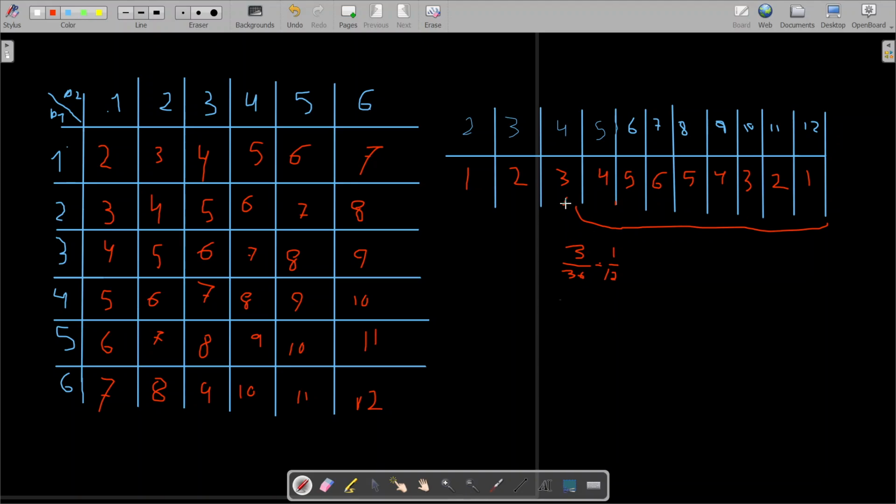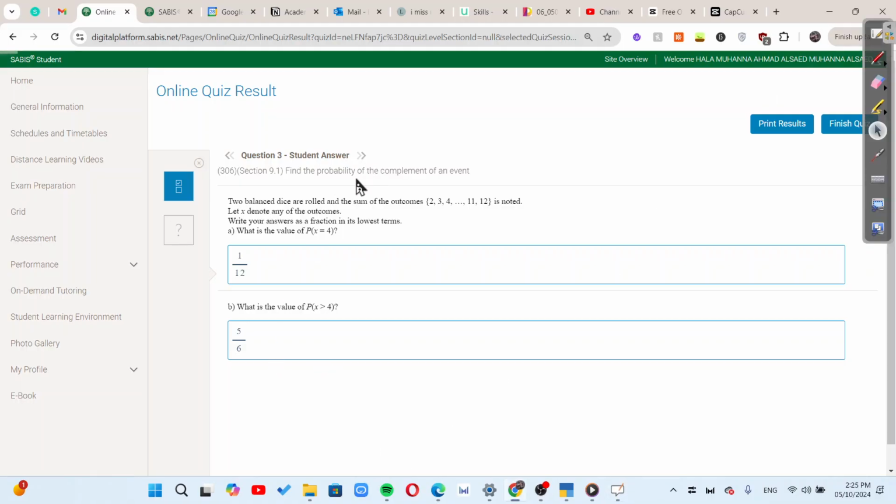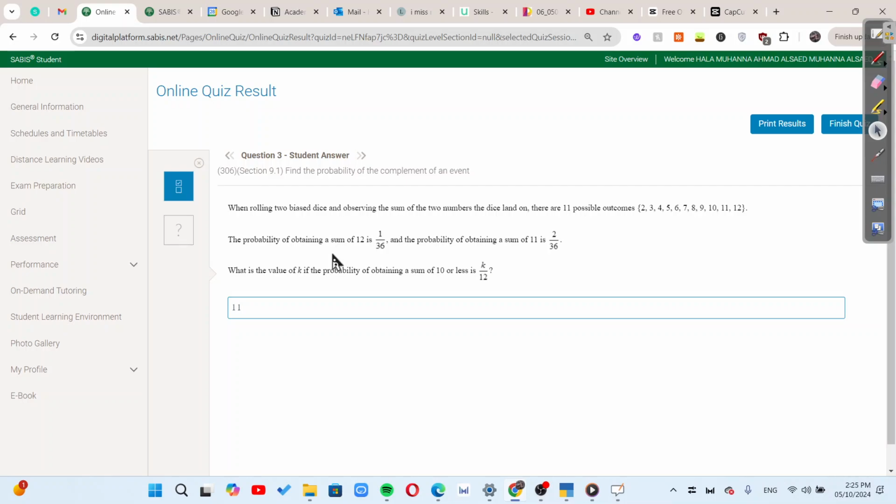So just do 36 minus 3 plus 2 plus 1, which is 6. So you get 30 over 36, which is 5 over 6. See? 5 over 6.